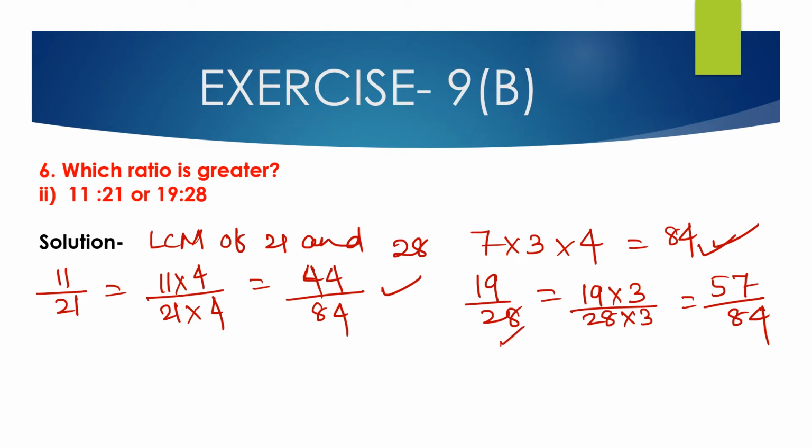Now in both the ratios 44 divided by 84 and 57 divided by 84, both have the same consequent, that is 84.